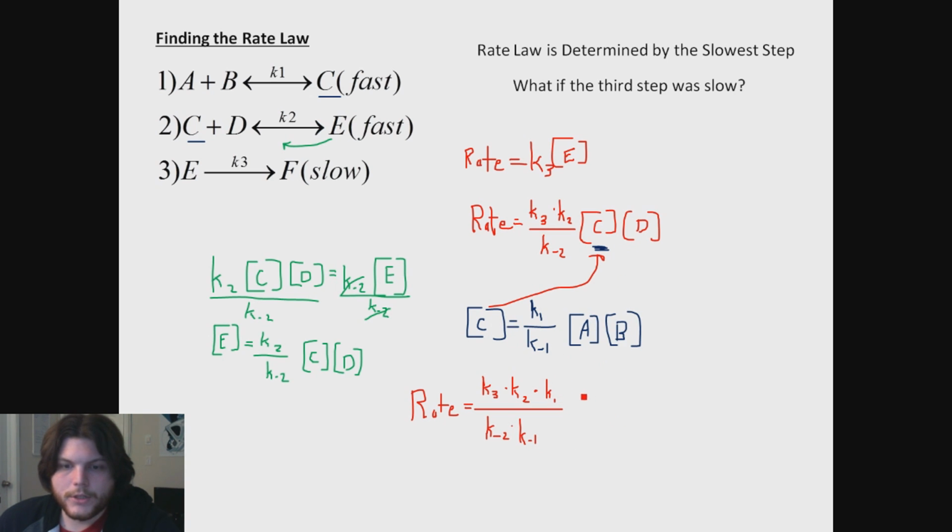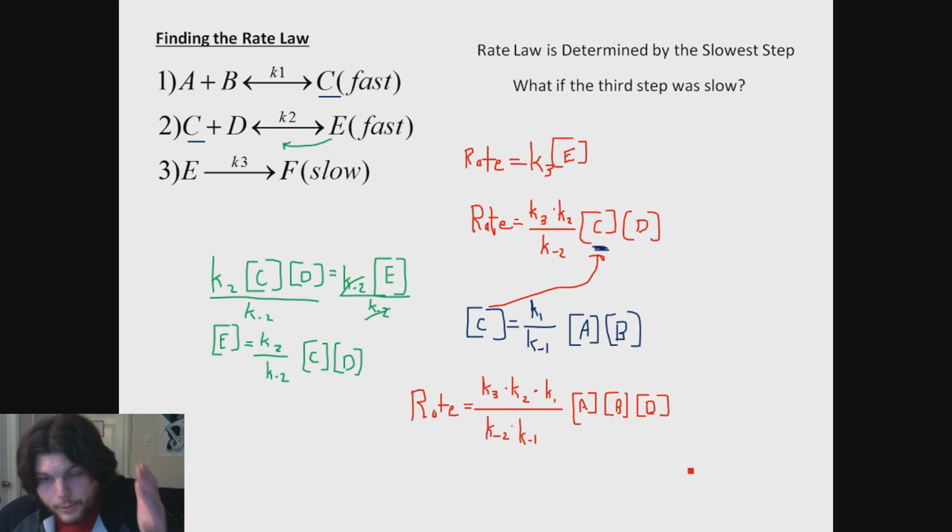Now let's put in those concentrations. This substitution gives us the concentration of A, the concentration of B, and then we still have the concentration of D. So, are we done? I think we're pretty much done, because A, B, and D are all reactants, so we have no intermediates.